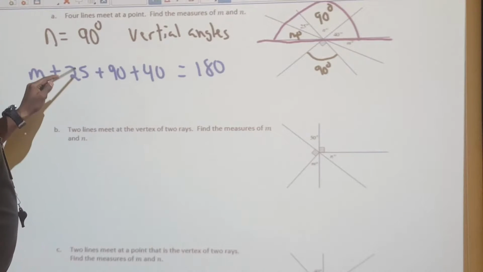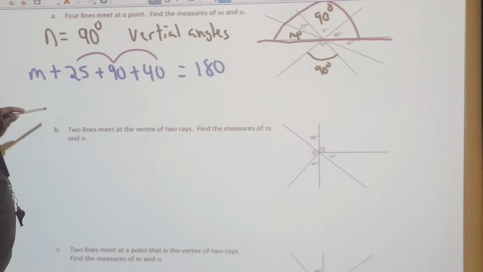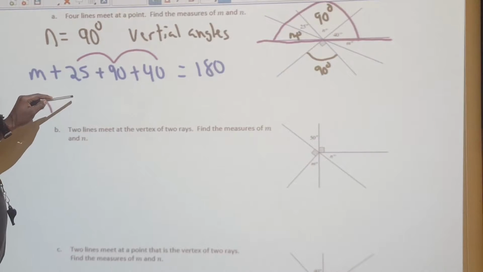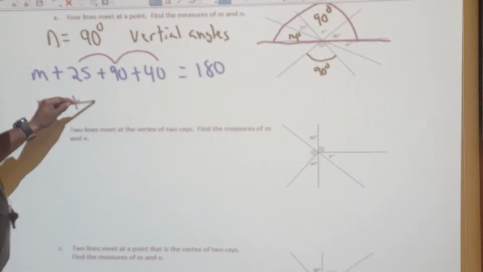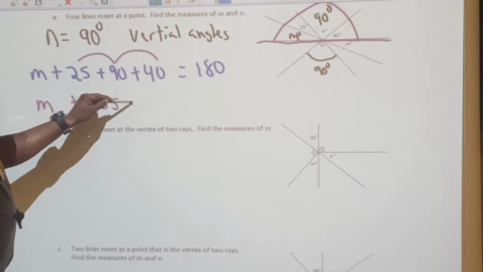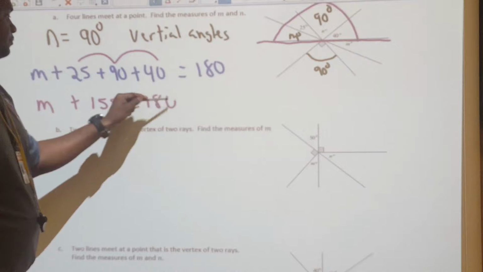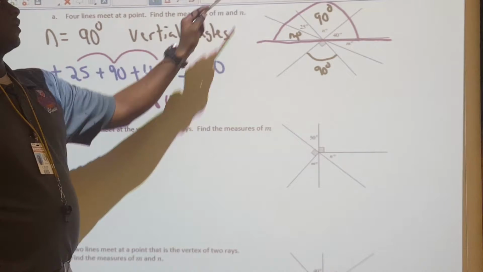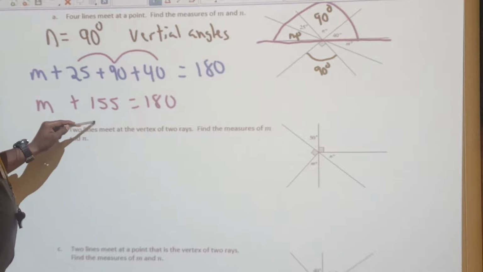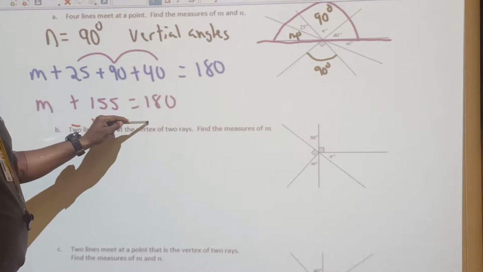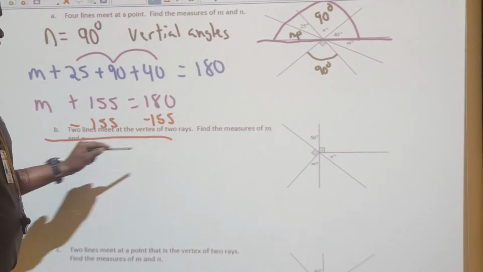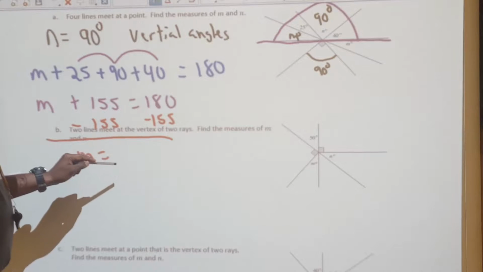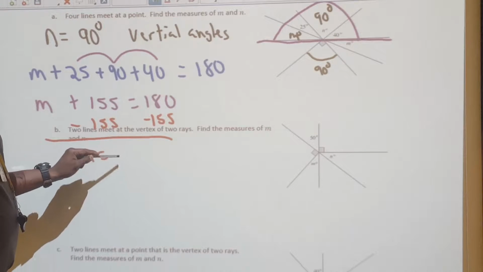Second step, I combine all my like terms. That's M plus 130 plus 25, 155, equals 180. I subtract 155 on both sides of my equal sign. And I know that M is equal to 25 degrees.